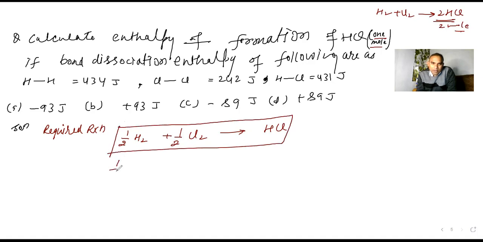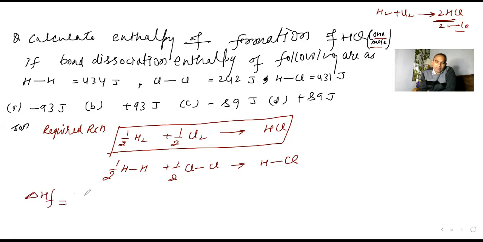See how I am writing: 1 by 2 H bond H plus 1 by 2 Cl bond Cl giving HCl. Can we write like this? Now calculate delta H f.